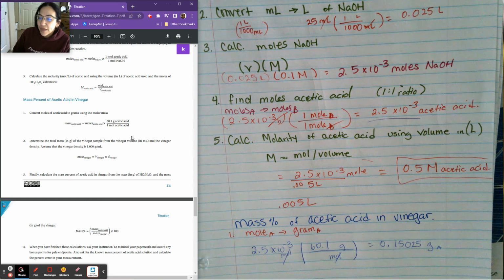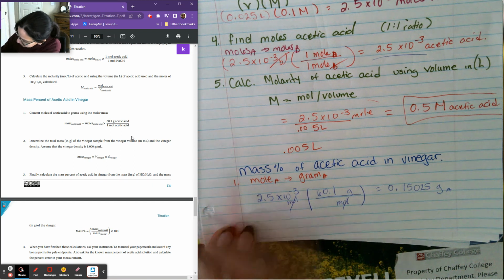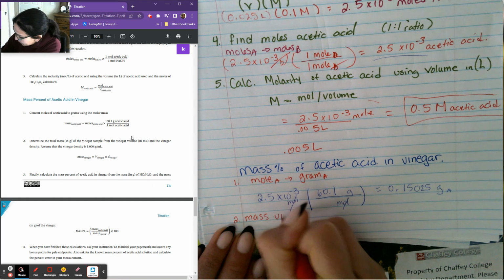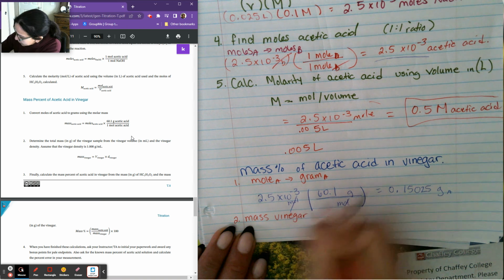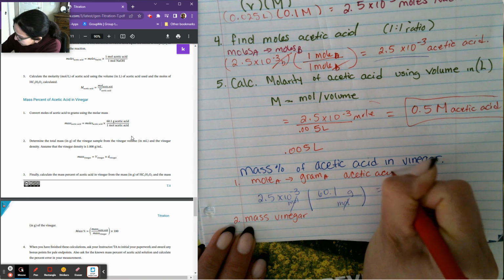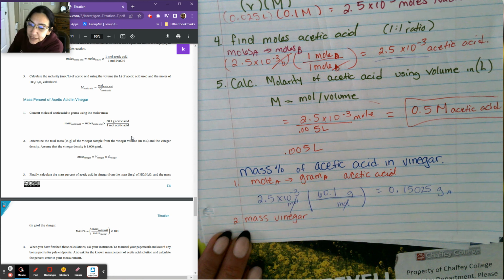Right, now that I have that, the next step is to find out the mass of my vinegar. So to find the mass of my vinegar, it says that I'm going to take my volume of vinegar times the density of vinegar.